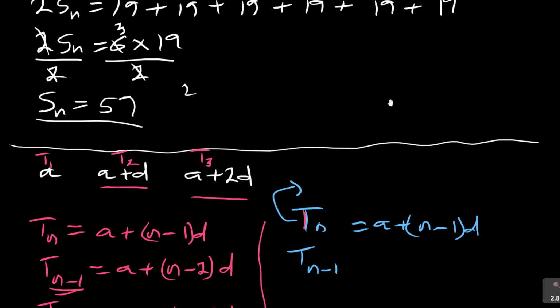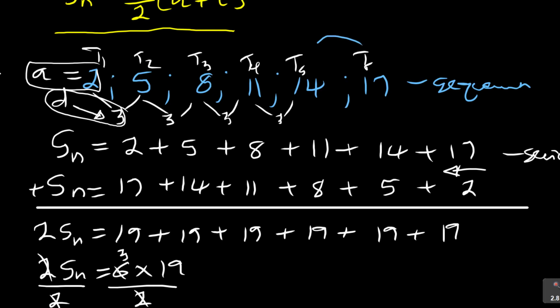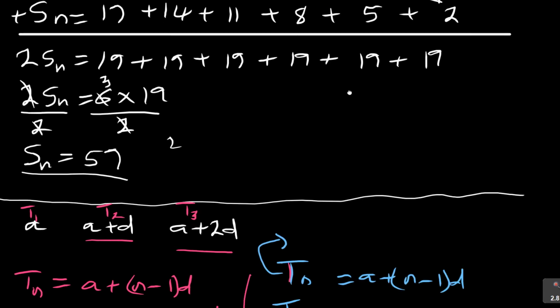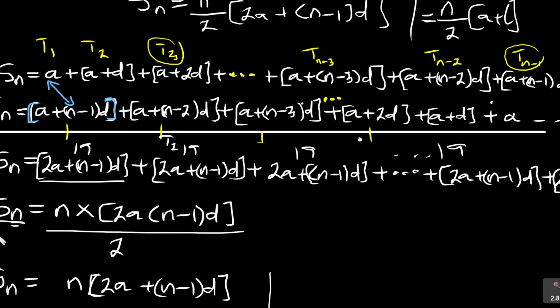Just like here, look at this. You had t6. Now if I want to go to t5, this is t6. To go to t5, it will be t6 minus 1. To go to t4, it will be t6 minus 2. So the last three, you see it's 6 minus 1, 6 minus 2. So even here also, the last three, there is an error here I made that needs correction.